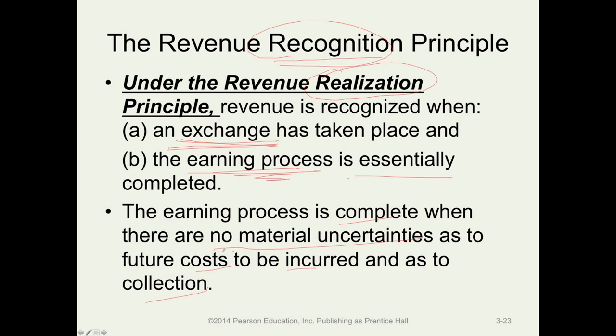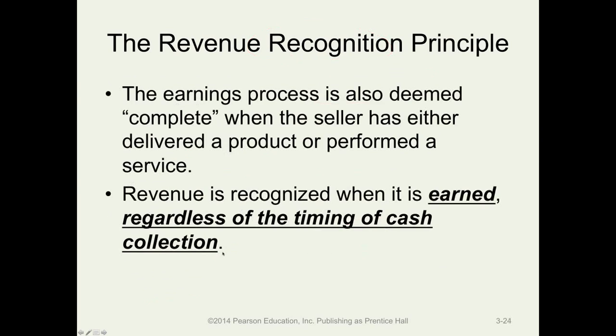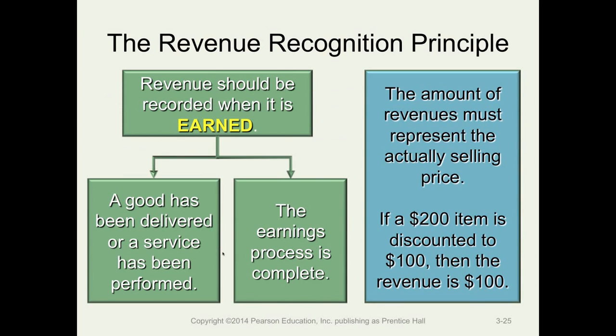So you need an exchange and a completion of the earnings cycle in order to recognize revenue. The earnings process is also noted to be complete when the seller has delivered the product or service and nothing else remains in order to sell that product. Revenue is recognized when it's earned, regardless of when cash is actually collected. So to summarize the revenue recognition concept, revenue is recognized when it's earned.